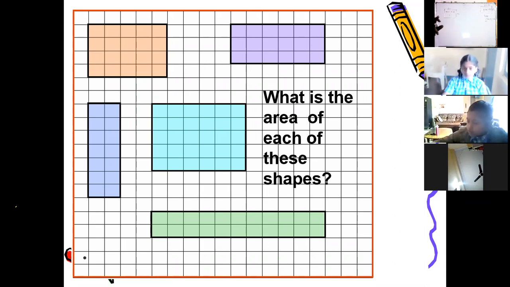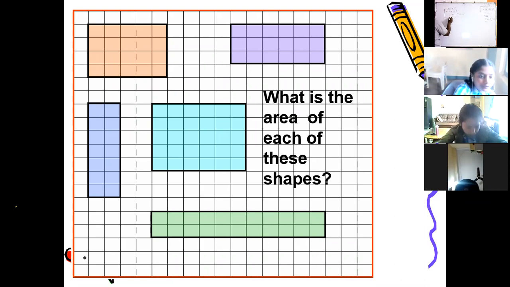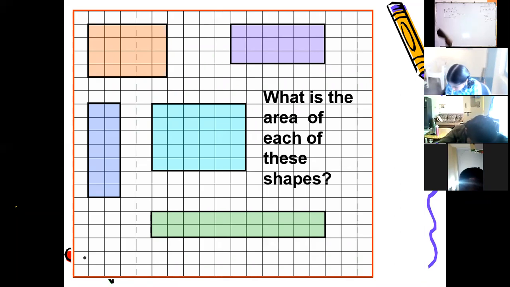Count the length. 1, 2, 3, 4, 5. 5 centimeters. Breadth, 1, 2, 3, 4 centimeters. So 5 into 4, 20 square centimeter or centimeter square. If you write the power above, that means square only.